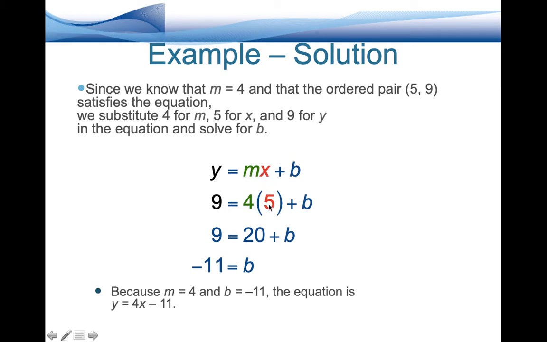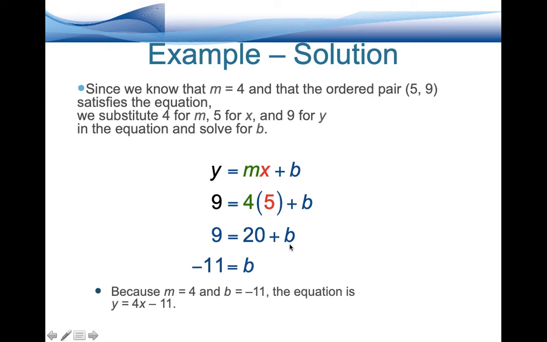I'm only looking for one thing. If I'm looking for one thing in an equation, I can find that one thing and solve. So 9 is 4 times 5 plus b. So now all I do is say 9 equals 4 times 5, which is 20, plus b.